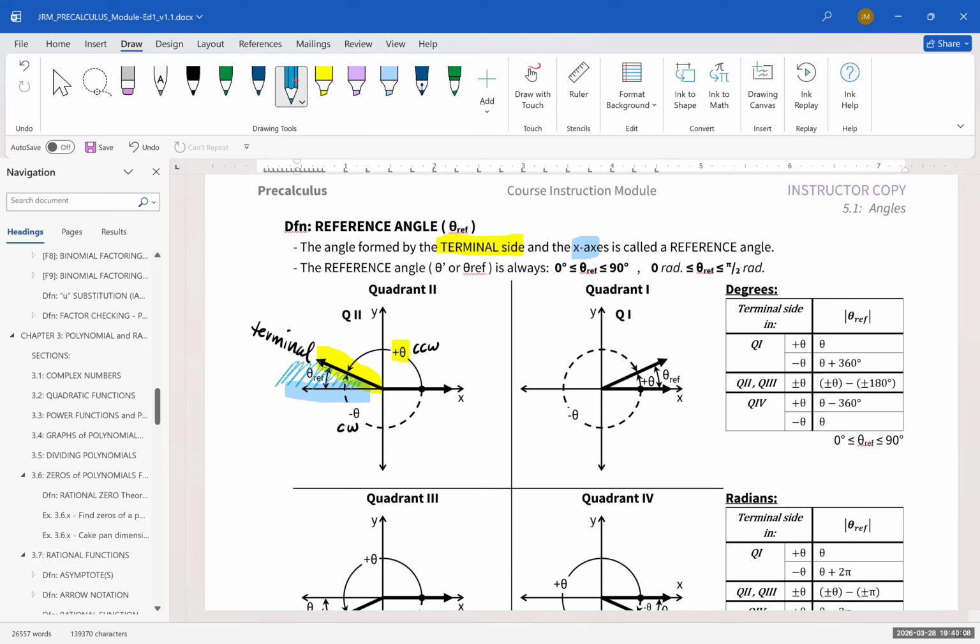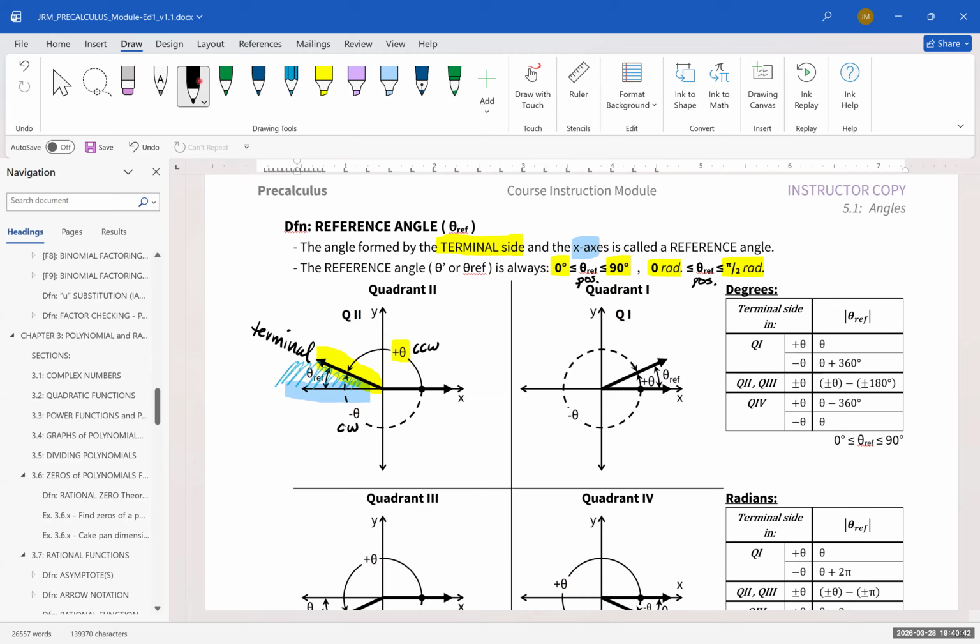Now, one thing you'll notice is that the reference angle is always going to be positive, and it'll be between 0 and 90 degrees, or between 0 and pi over 2 radians.